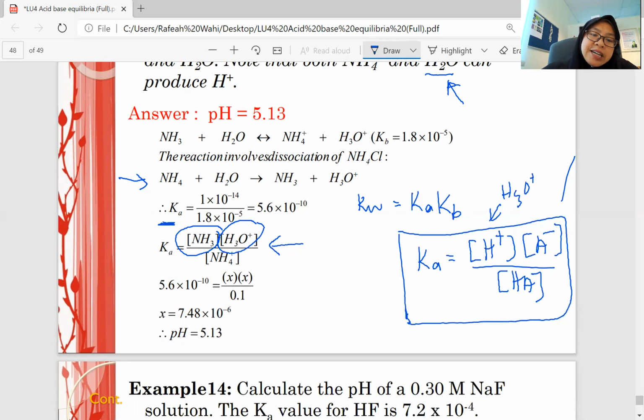Okay, so they are the same concentration. So X times X. So you get this concentration and you use pH equal to negative log H plus concentration. Yeah, in this case, hydronium ion concentration. Okay, so you get the answer.